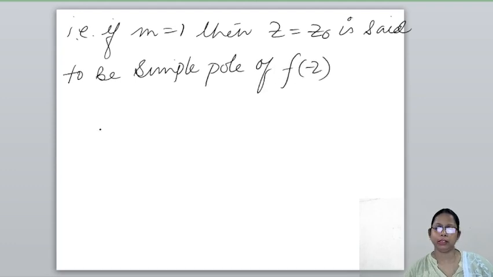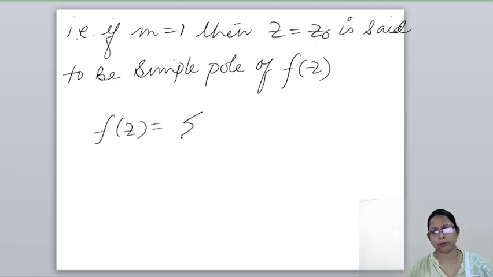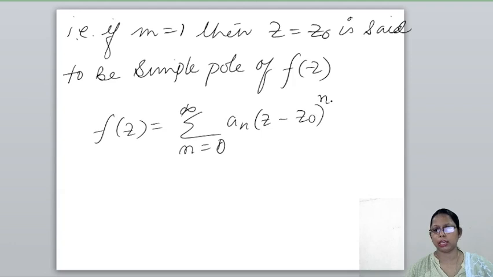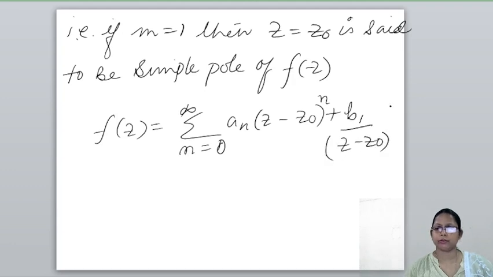If you recall the Laurent series expansion of the function about the point z naught, it is summation n from 0 to infinity a_n (z minus z naught) to the power n, plus b1 by (z minus z naught) plus b2 by (z minus z naught) square and so on.